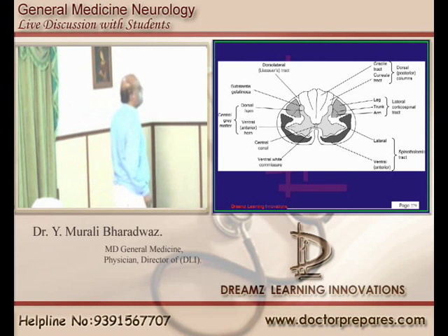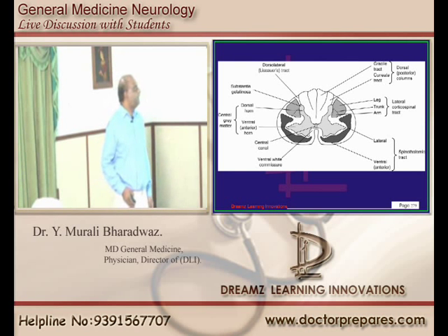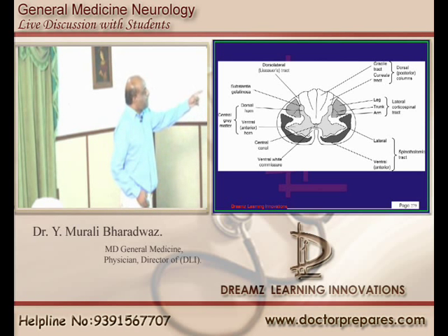Now, if you take the cut section, for the involvement of the motor weakness, we are talking about the corticospinal tract. The fibers which come from the leg are more peripheral, and the fibers that come from the arm are more inside.